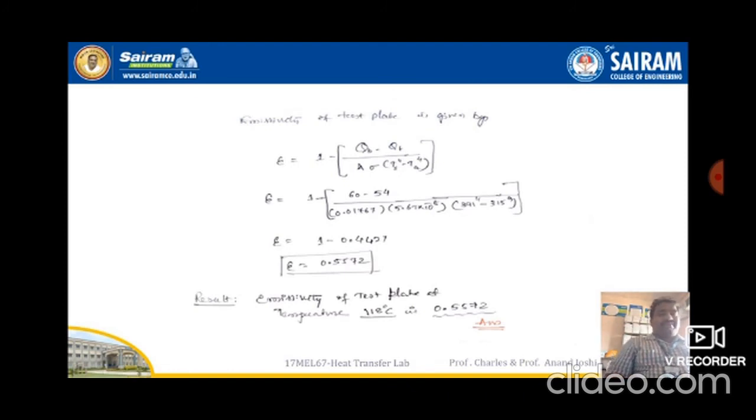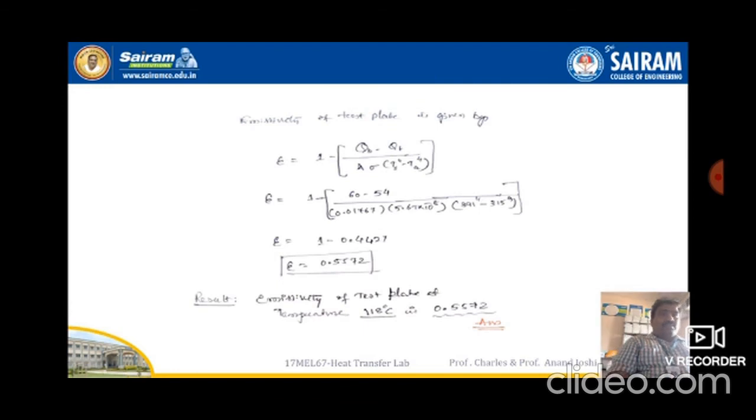So we substitute the values in the equation. Epsilon is equal to 1 minus (QB minus QT) divided by A into sigma into (Ts to the power of 4 minus Ta to the power of 4). You can observe here that for this mode of heat transfer, radiation, we consider the absolute temperature, that is power 4.